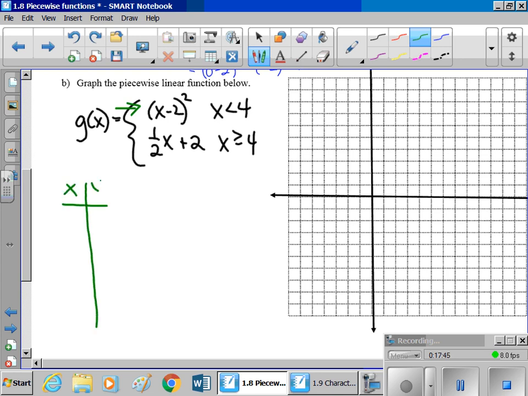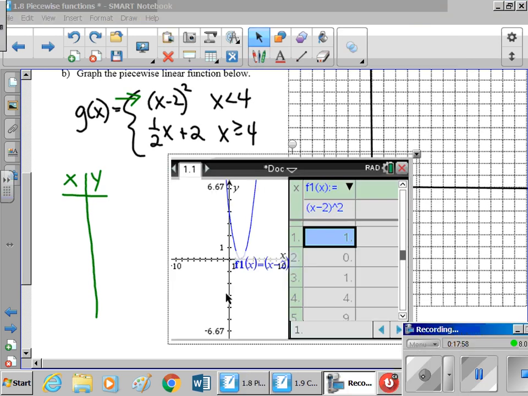Now, how can you get a table? You can plug values in, or you can get them off your calculator. So let's pull that calculator up and see what they say. This is what it would look like if you graph this in your calculator.